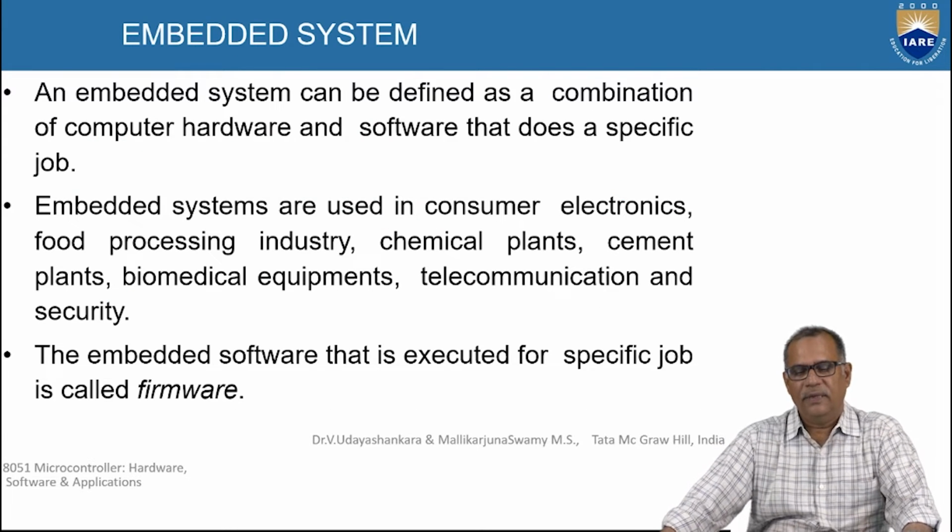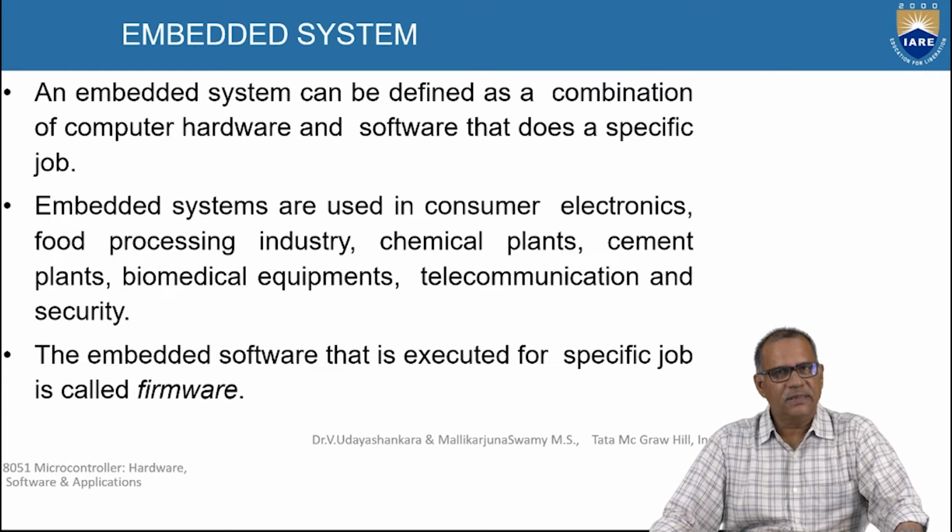Now, what is an embedded system? See, an embedded system is a combination of hardware and software for a specific application. What is the difference between the microcontroller and the embedded system?